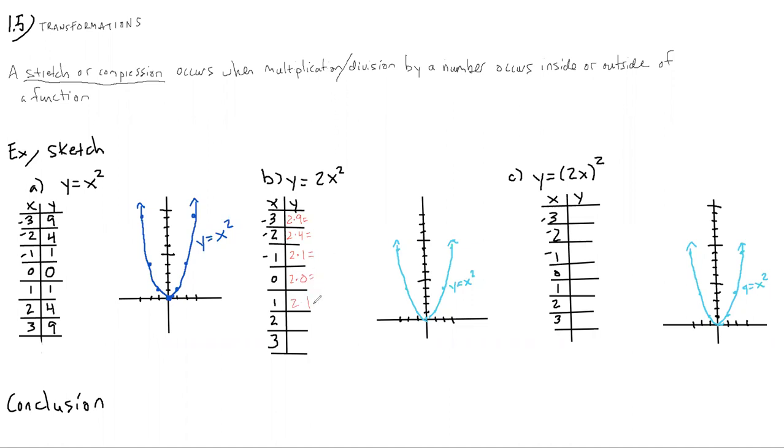Two times 1, 2 times 2 squared, 2 times 4, and 2 times 9. And then I can work out all of those numbers. 2 times 9 is 18, 2 times 4 is 8, 2, 0, 2, 8, and 18.